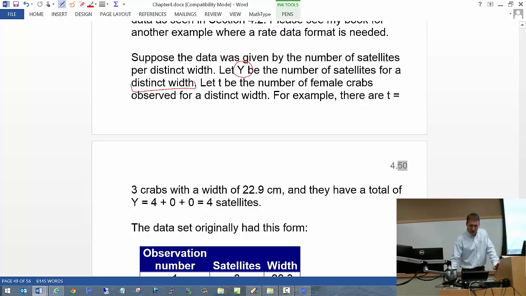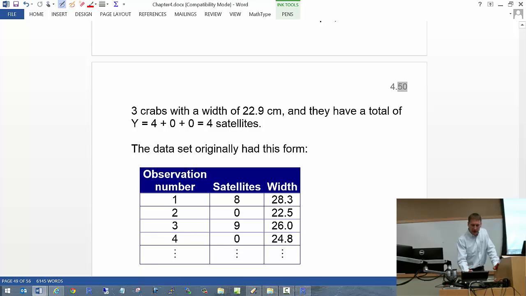So for example, if you look throughout the data set, you will note that there are 3 crabs that have a width of 22.9. So t will be 3. And if you look at what was originally the response for those 3 crabs, one had 4 satellites, one had 0 satellites, another had 0 satellites. Add them up, now my response is 4 plus 0 plus 0. That's what I'm going to be modeling now.